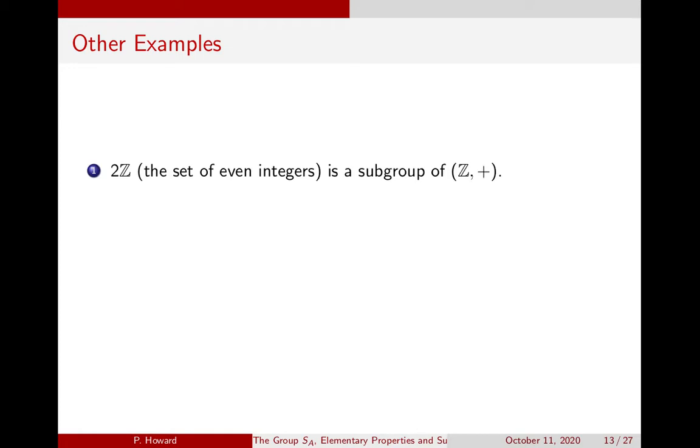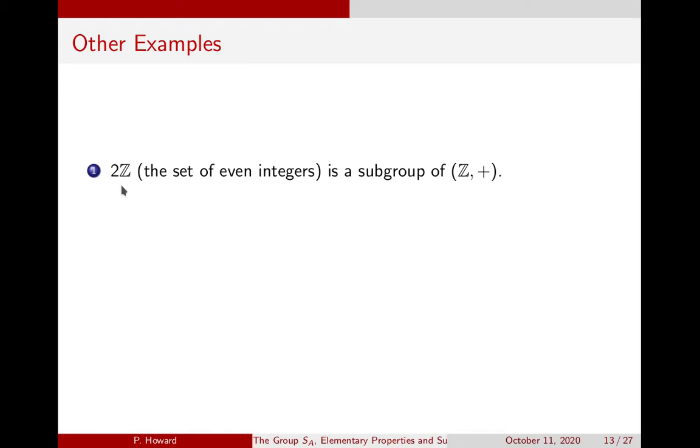Some more examples. The set 2Z of even integers is a subgroup of the integers using the operation of addition. This is fairly easy to verify. This is a subset of the integers. Every even integer is an integer. The set of even integers is non-empty. That's requirement 2.